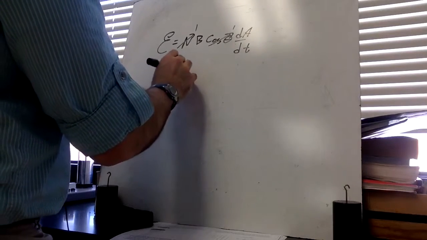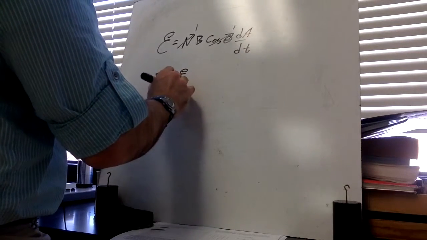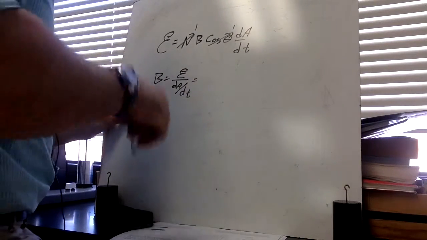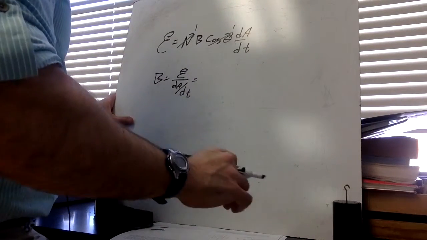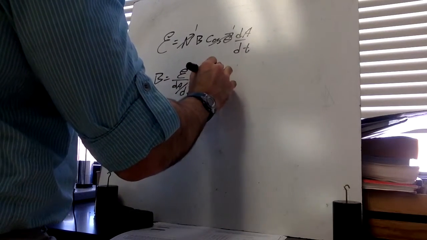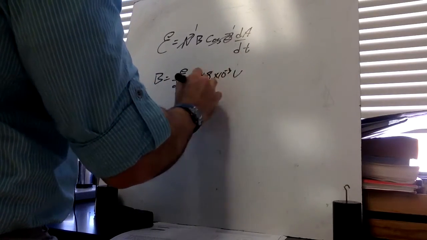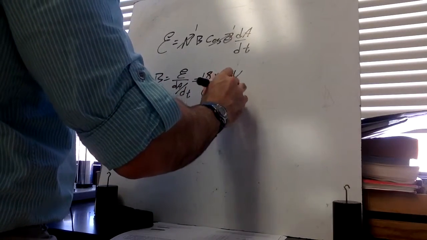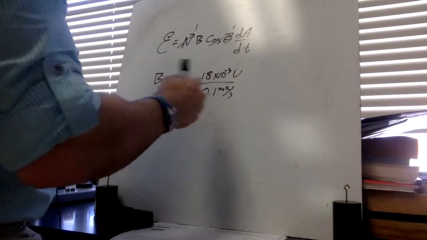B then is EMF over dA/dt, right? The rate of change of the area. So this is 18 times 10 to the negative third volts. It's 18 millivolts over 0.1 meters squared per second, right? The unit's meter squared per second there.